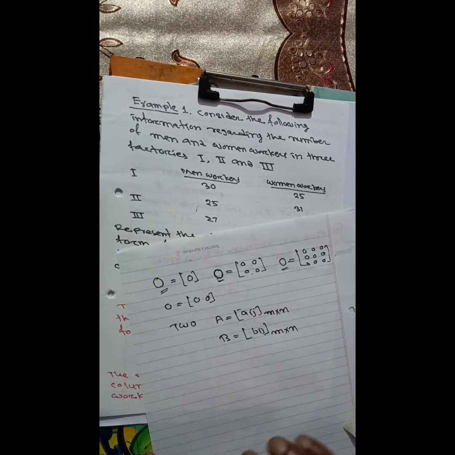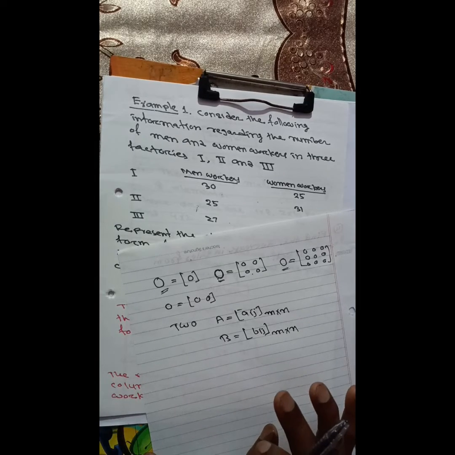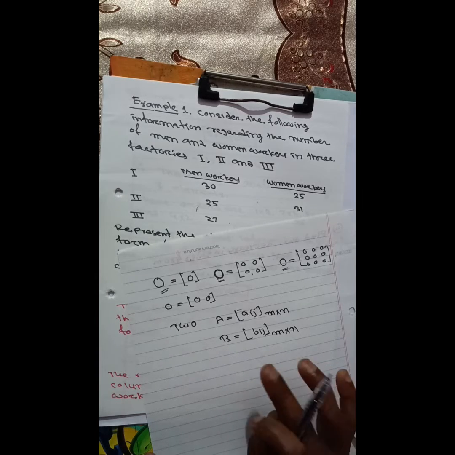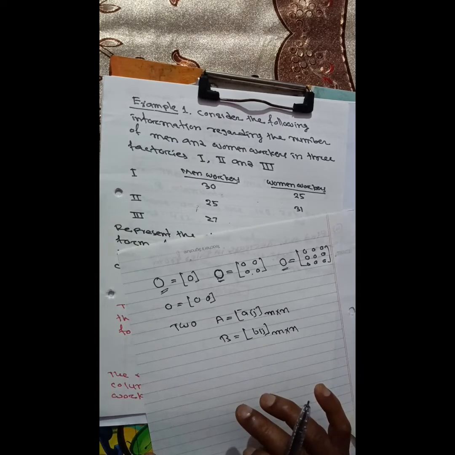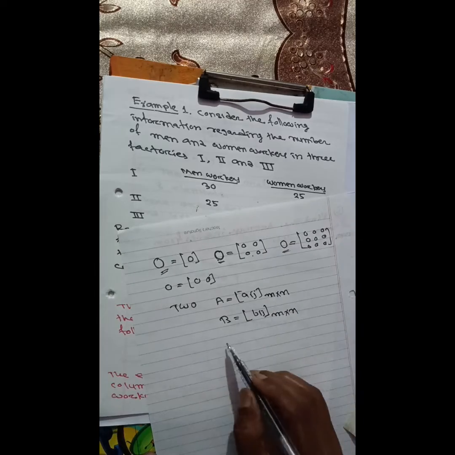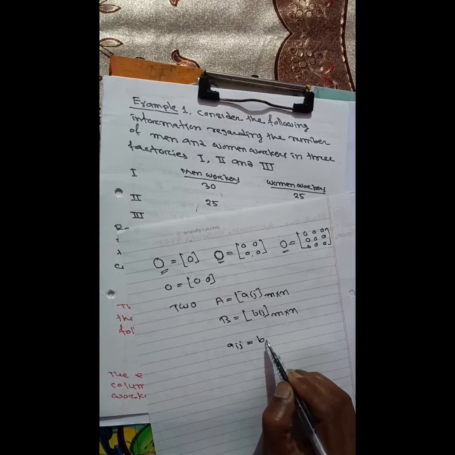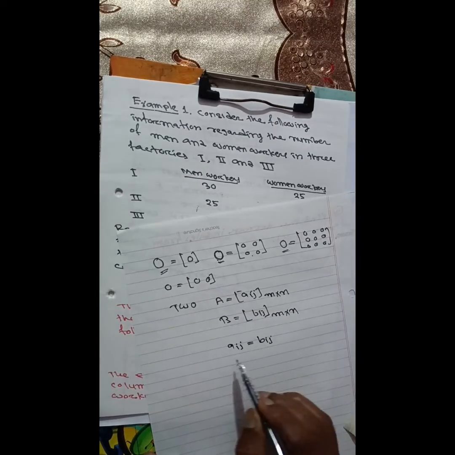Second thing, each element of A is equal to the corresponding element of B. That is, aij is equal to bij.